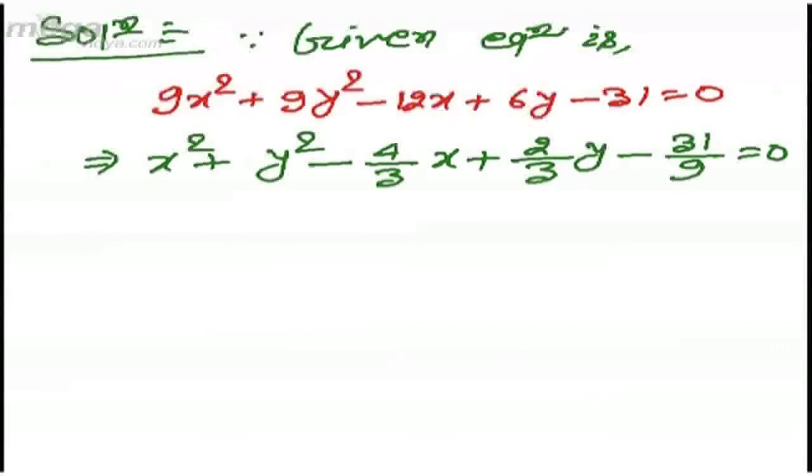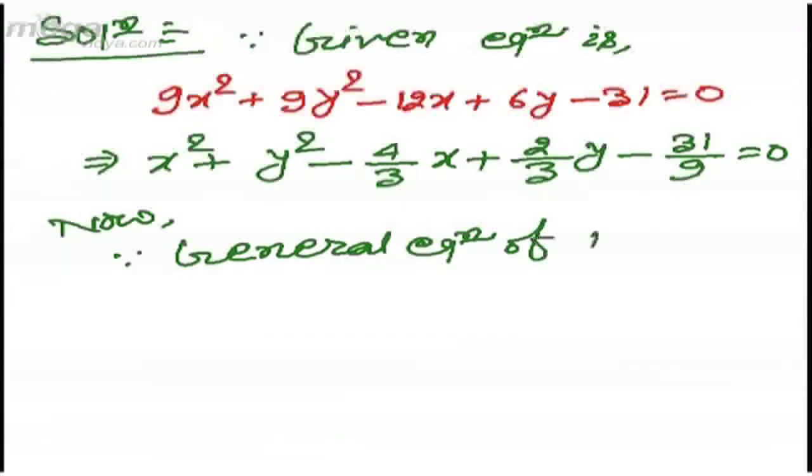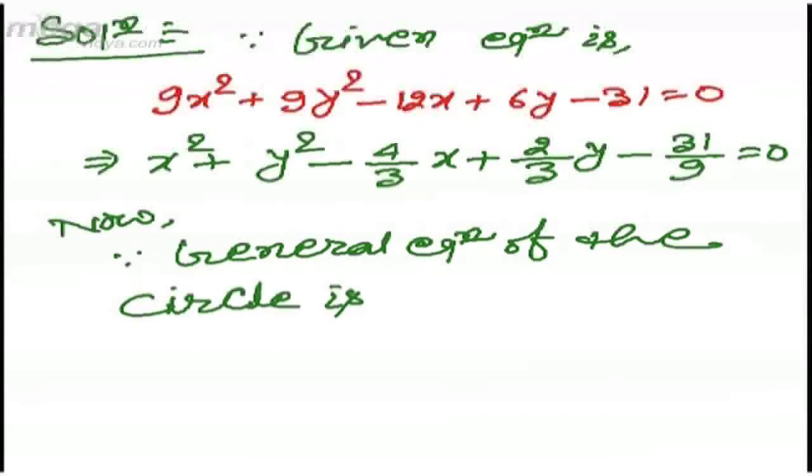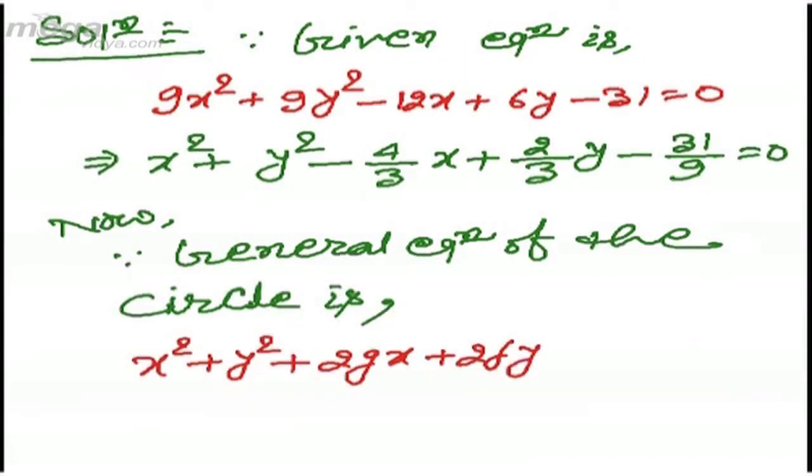Now we will compare it with the general equation. Since the general equation of the circle is, using the formula, x square plus y square plus 2gx plus 2fy plus c is equal to 0.